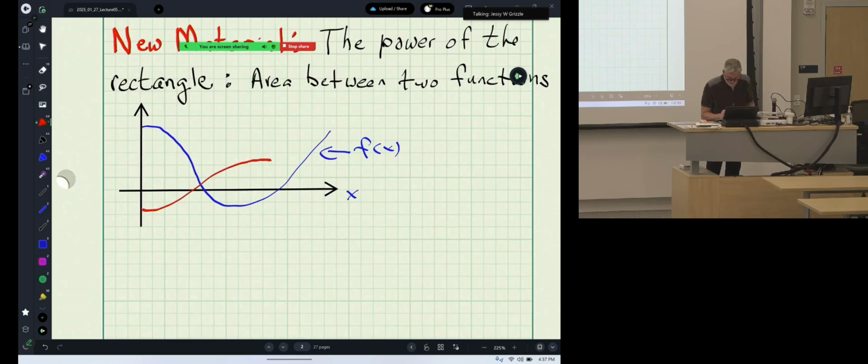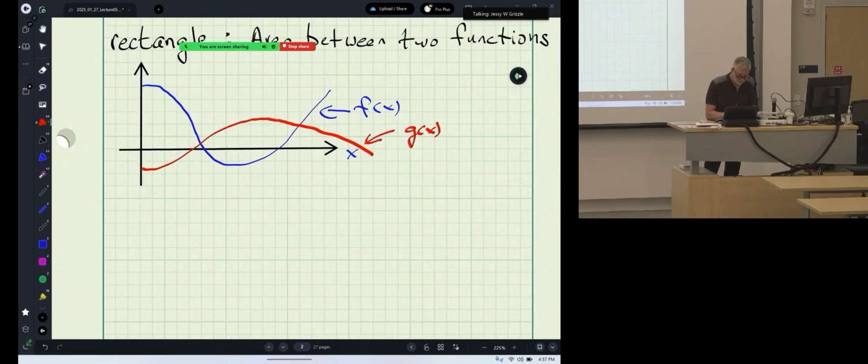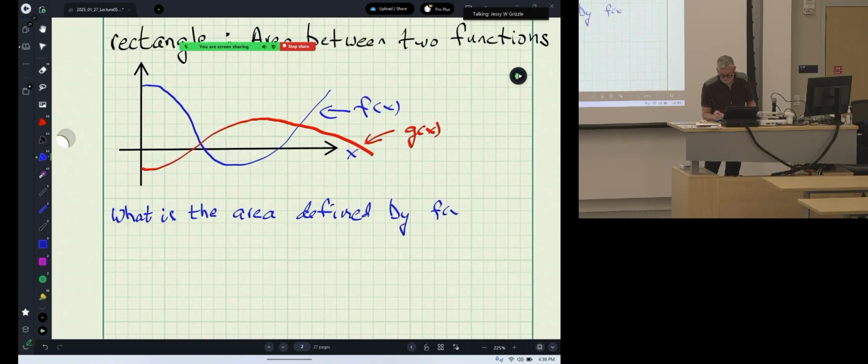Have another function we'll call g of x, and we want to compute the area between f and g. So if I do f of x minus g of x.